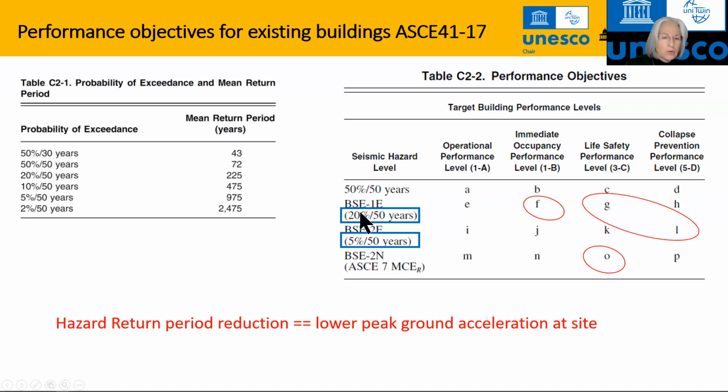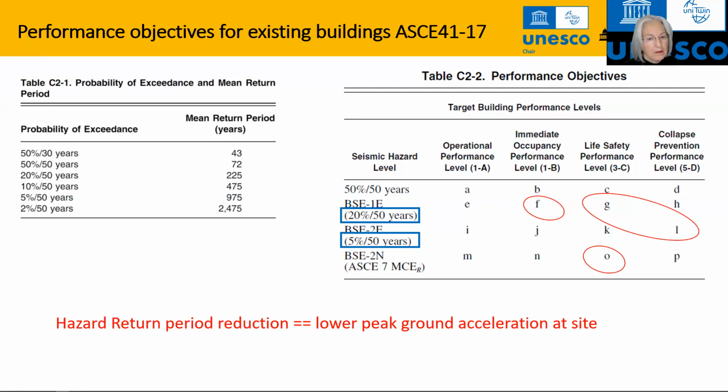What I would like you to pay attention to is that for existing buildings, when we define the strengthening performance objective, we use an earthquake with a slightly larger occurrence, or return period, in 50 years, and therefore a lesser level of expected magnitude of the hazards. So this reduction in the hazard return period corresponds to a lower peak ground acceleration at the site.